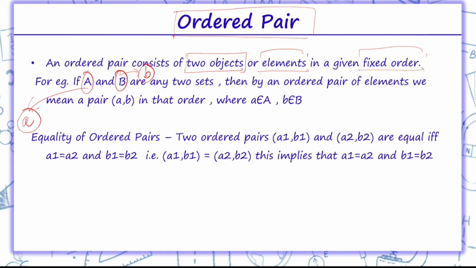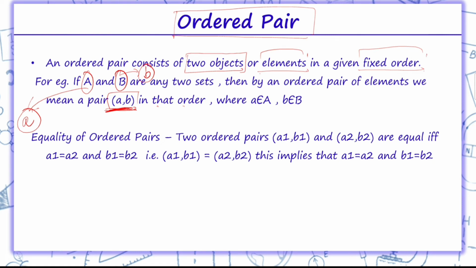When these two elements are written in this order, one the element of set A and the other the element of set B, a and b in this order, this is an ordered pair.